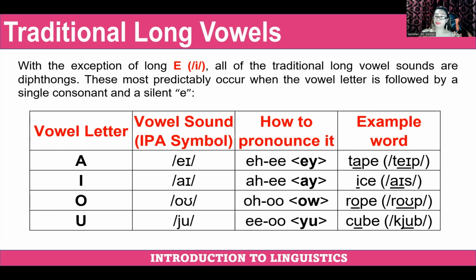The A sound as in taped, the I sound as in eyes, the O sound as in roped, and the U sound as in cube. You just try to memorize or familiarize yourselves with these, because later on we will have the complete IPA chart wherein you have to locate and pronounce the following vowel sounds.